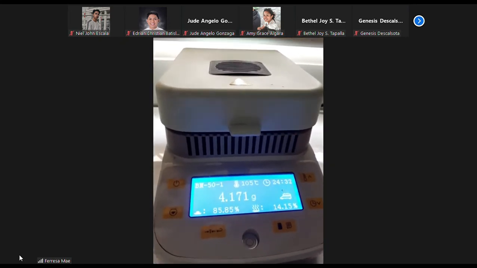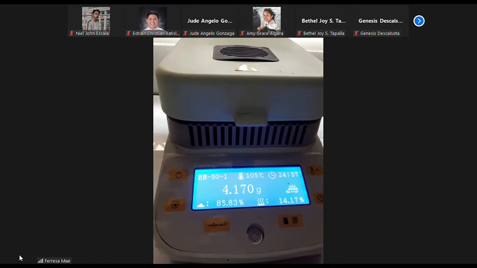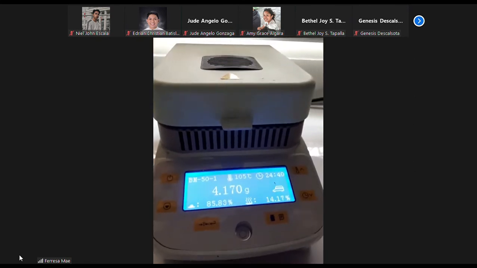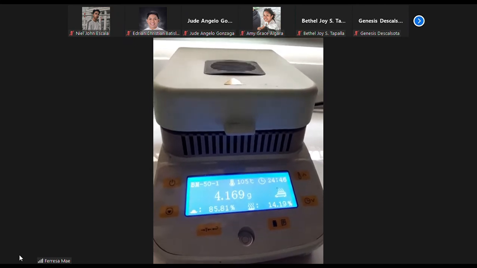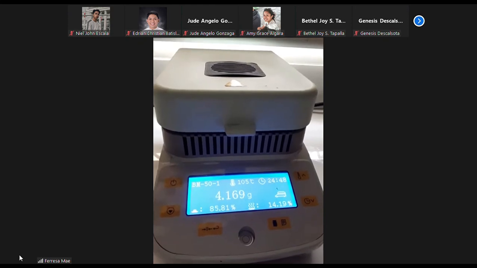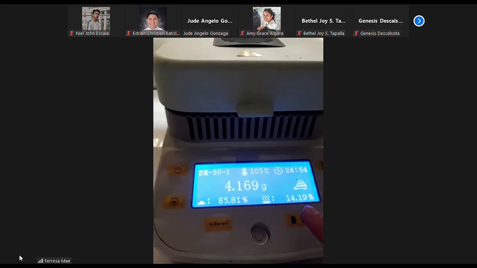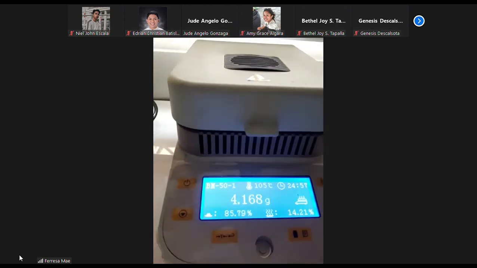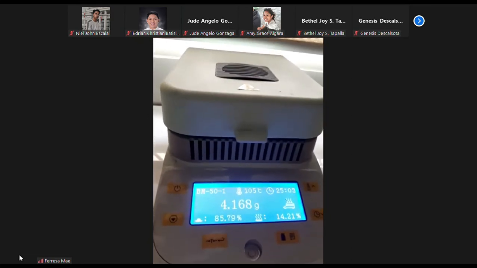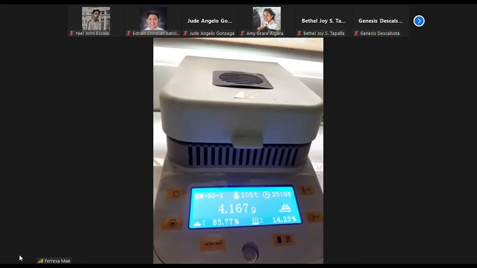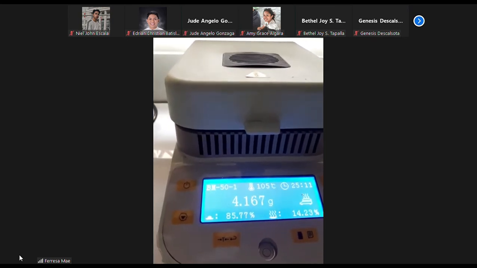Kumpara sa aton nga fudgy bar, wala pa siya katapos sa subong. Medyo dugay-dugay siya kay moist siya. Kita niya ng fudgy bar. Medyo moist siya. So, meaning, mas dugay siya. Okay, Miss. Moisture 14 na siya subong. Wala pa siya katapos reading. Sige pa kuha sang aton instrument ng moisture sa sample. Okay, Miss. Thank you, Miss. Welcome.